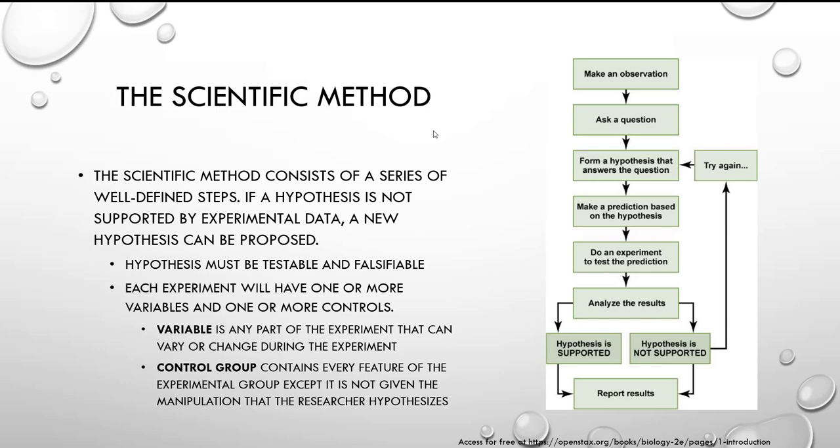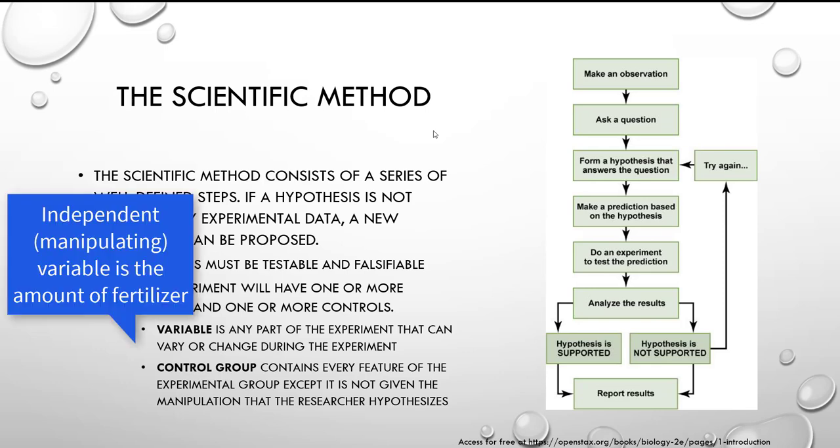Okay, so that is basically the experiment. And by the way, when you get into the lab, it talks about the independent variable versus the dependent variable. The independent variable is the manipulating variable. It's the one I'm deciding ahead of time is going to be different between my control group and my experimental group, which is the fertilizer.